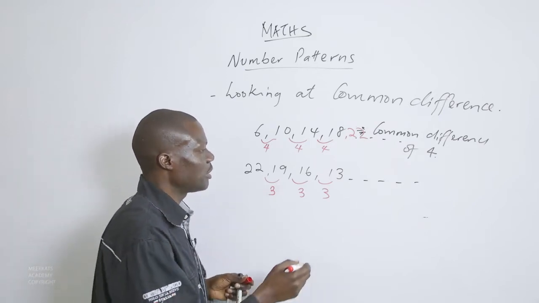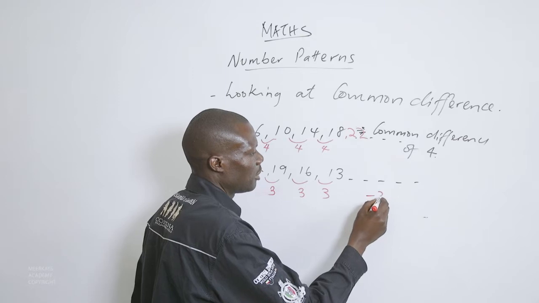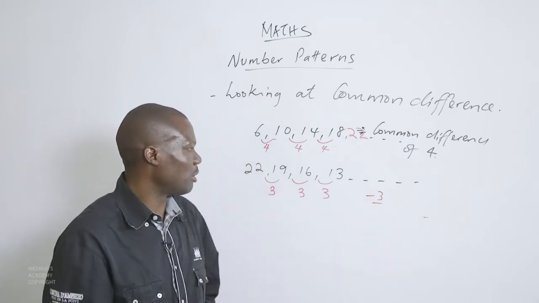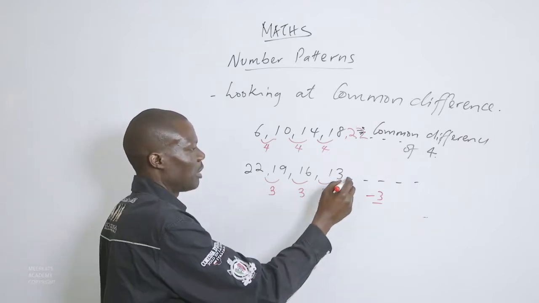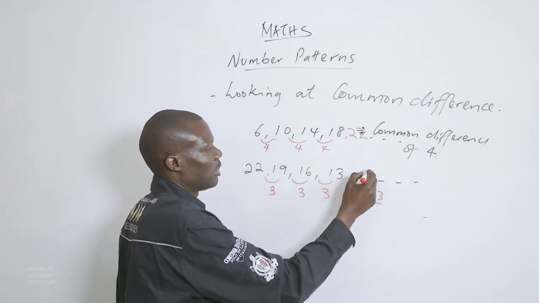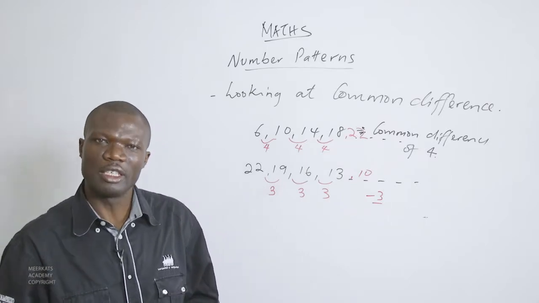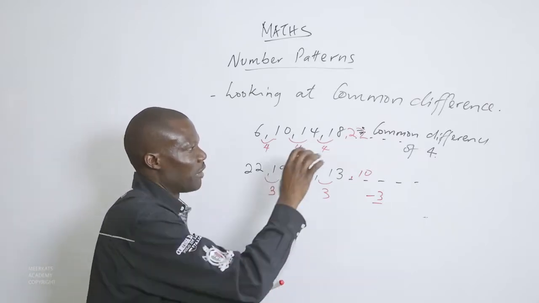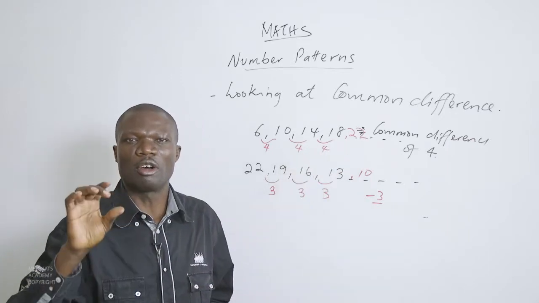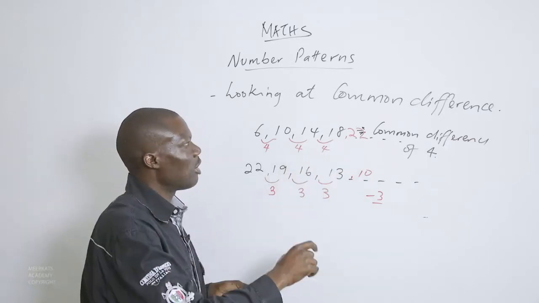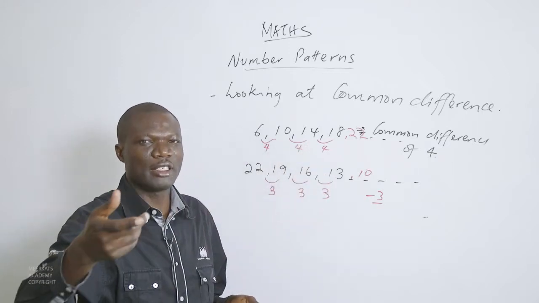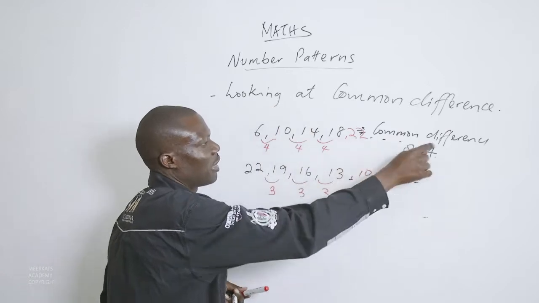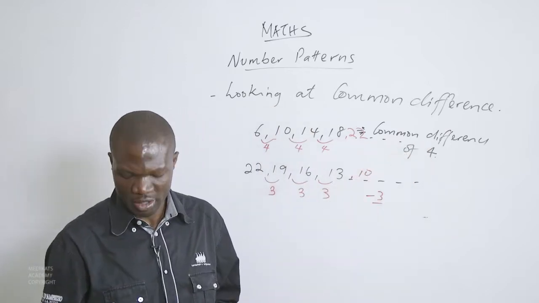So there is a constant subtraction of 3 to arrive at the next term. If we needed the next term here, we would have 10, simply because 13 minus 3 equals 10. This is what we call a common difference. This is how we can arrive at the next term or study a sequence of numbers by looking at the common difference.